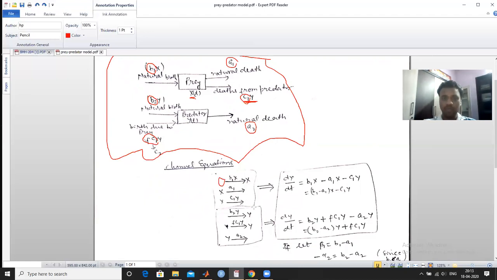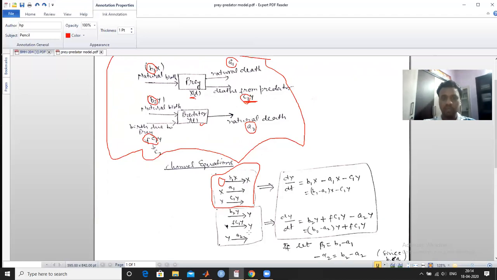If we write down the differential equation for X, we can write it independently because there is no involvement of Y. Similarly for the predator, there is the natural birth rate, and the second term is C2Y, and the third one is the death rate for Y.